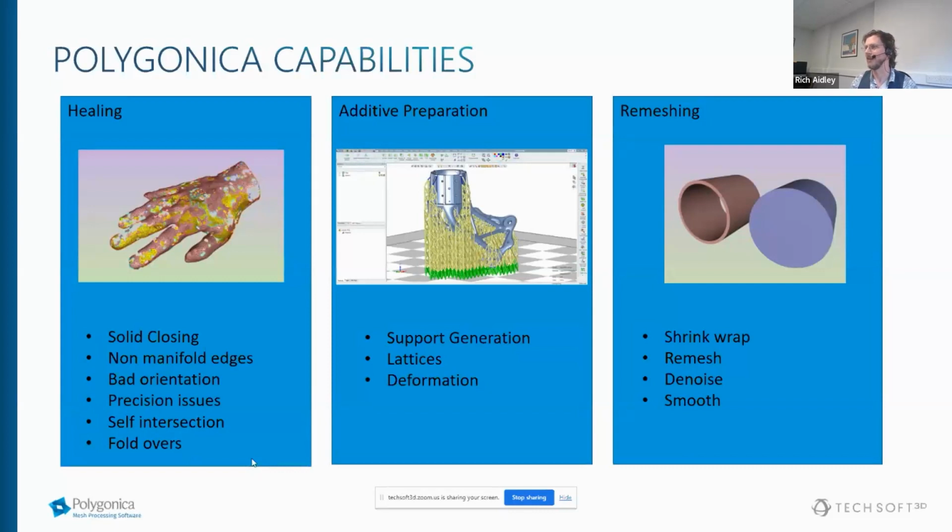So in this case, things like creating lattices for solids or tracking deformations. So if you've got a 3D printing process where the heat or weight of your object is bending it, we can compensate for that before it goes through to the printer. Similarly, there is remeshing, so changing the quality of the tessellations for whatever reason.